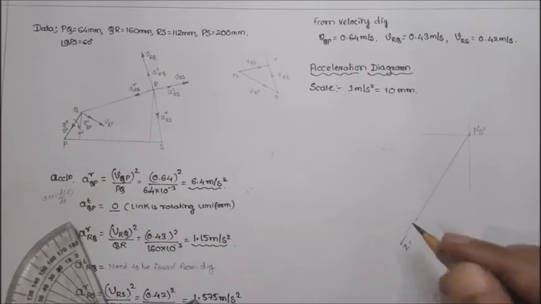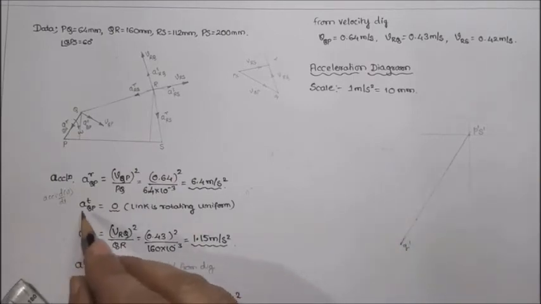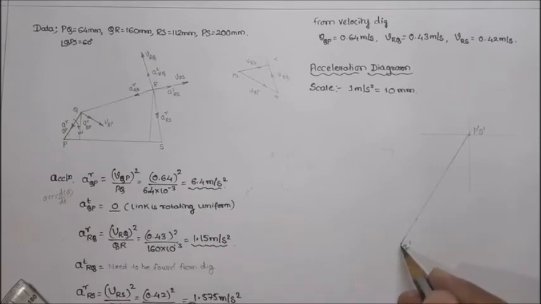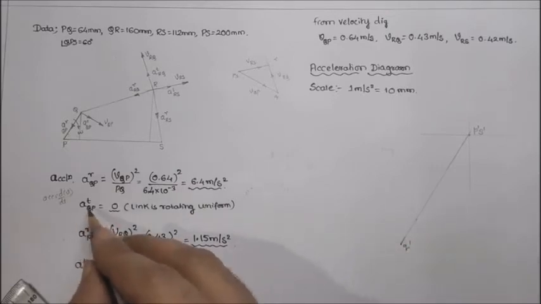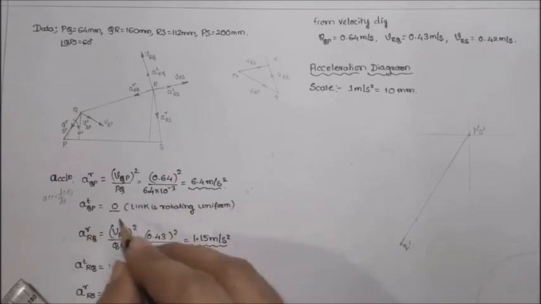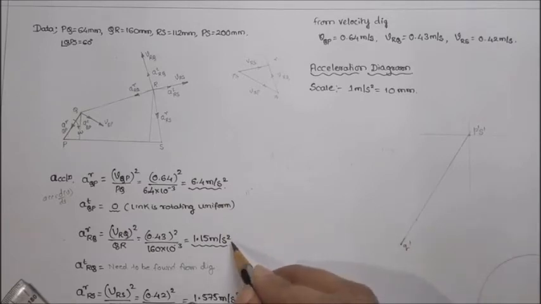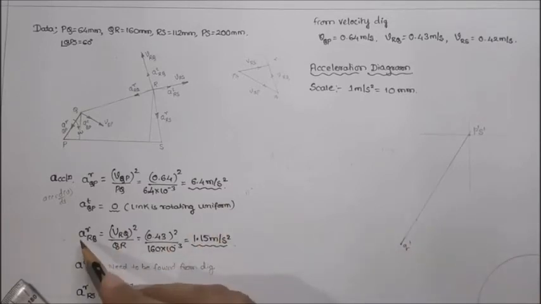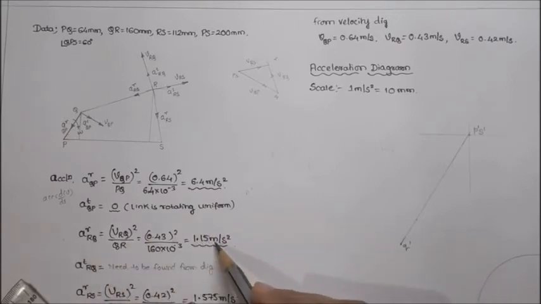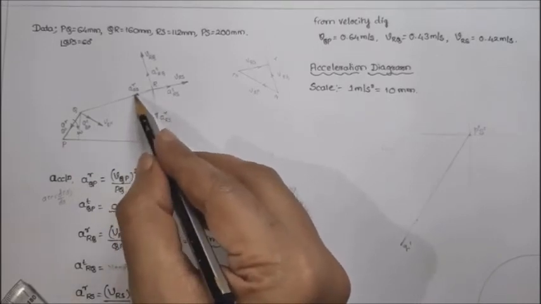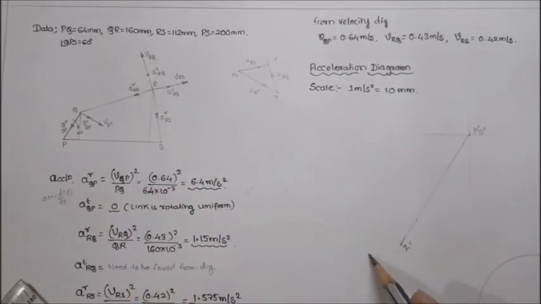Next, we need to add a tangential component. As it is having a tangential component at this particular point, the magnitude is 0, so it will not go anywhere, it will remain there only. Next we have to go for the radial component of RQ, which is 1.15 meter per second square. It will be in this direction. So from here we have to draw in this direction.